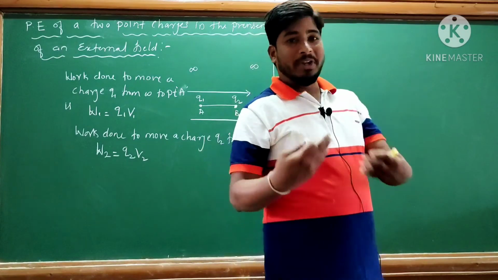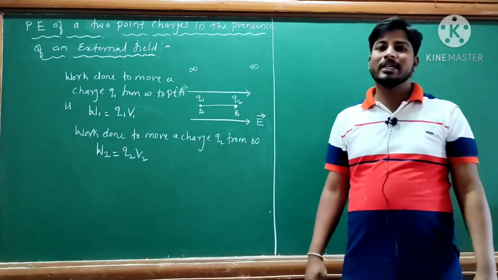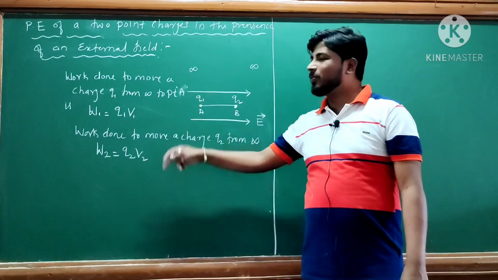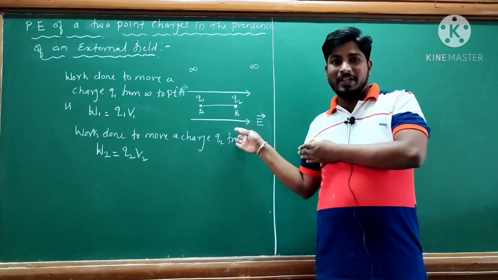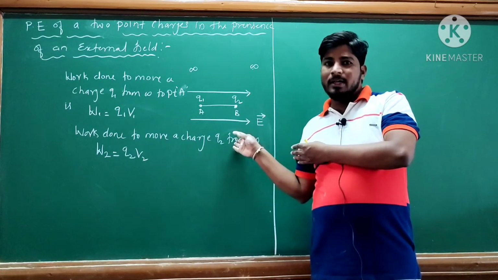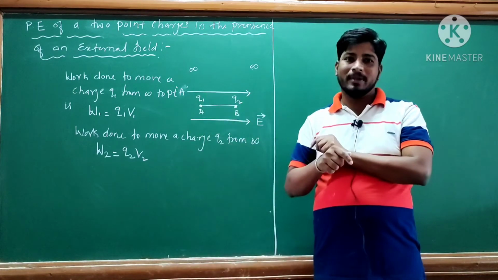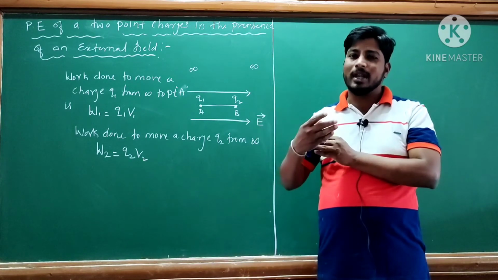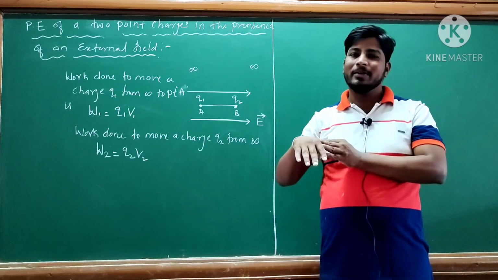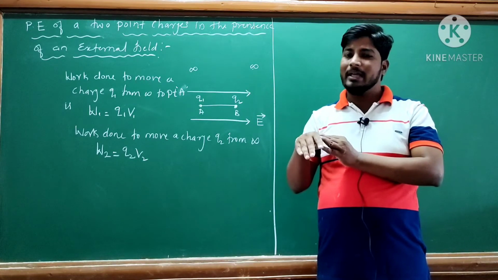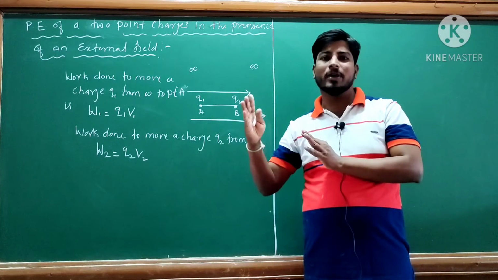While bringing this charge Q2 from infinity, I have to come across an external electric field of charge Q1, because there is already the external electric field E, as well as the electric field due to the charge Q1. And we have seen in the previous class that work done to move the charge Q2 from infinity to the point B is given by the expression W is equal to 1 by 4 pi epsilon naught Q1 Q2 divided by R12.